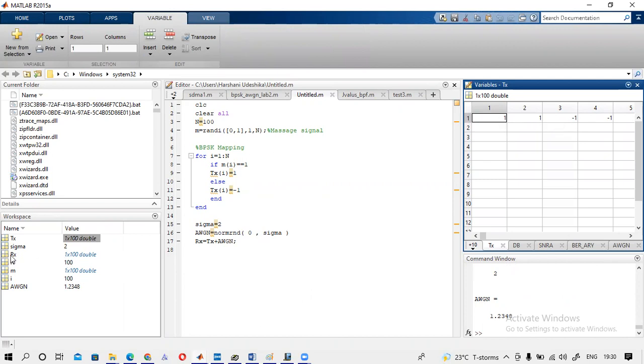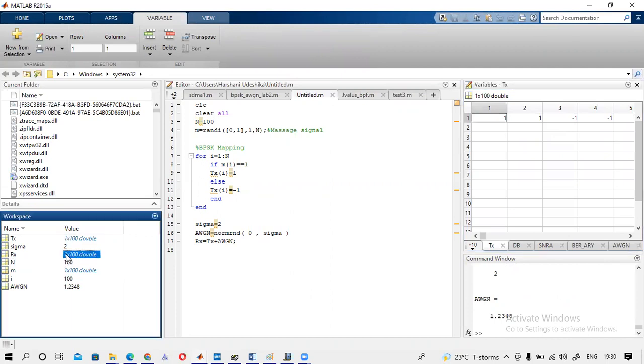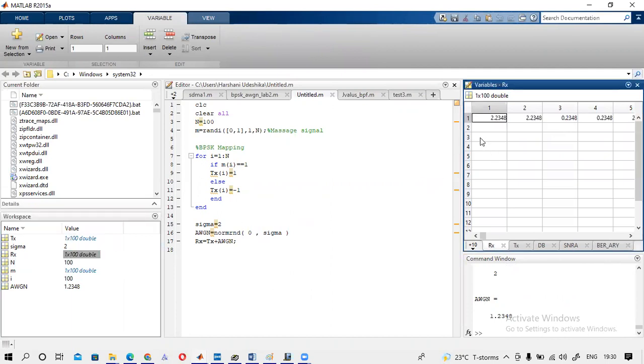But if I look at the received symbols, you can see that now it has 2, 2, 0, 0.2, 0, 0.2. So there are some values. These are my received symbols.